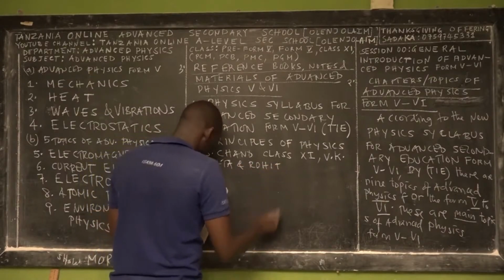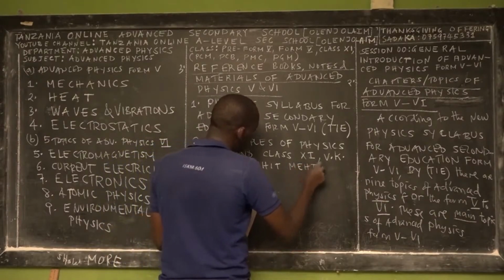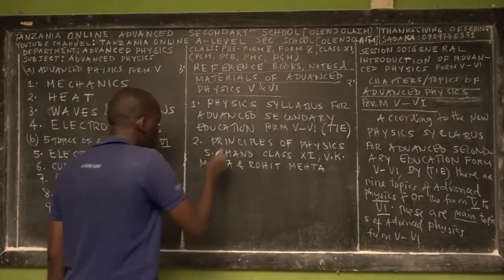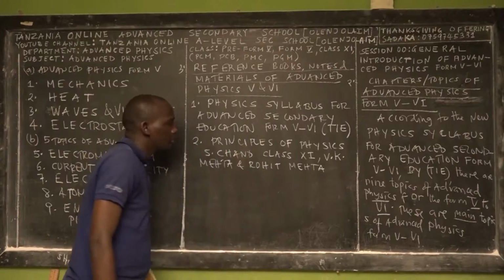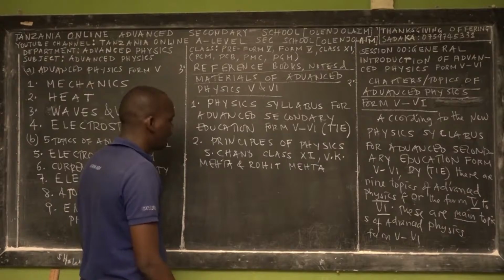These are the physicists who have been teaching physics in India for a long time, and they decided to put what they know in the book. Principles of Physics, S. Chand, class 11, and these are the authors.